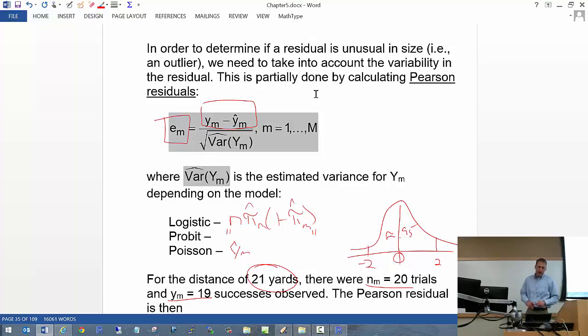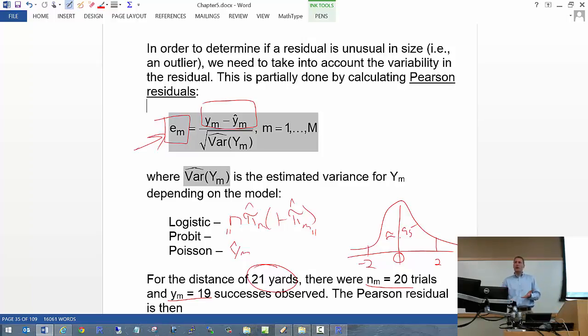time. Again, these Pearson residuals are denoted as follows. We have E sub m, so that's our Pearson residual for the mth observation. And we take Y sub m, the observed value for the mth observation. So if this was binomial response data, this would be the binomial count.